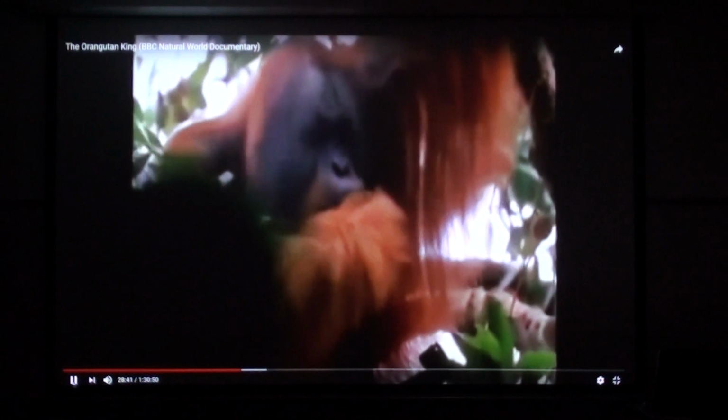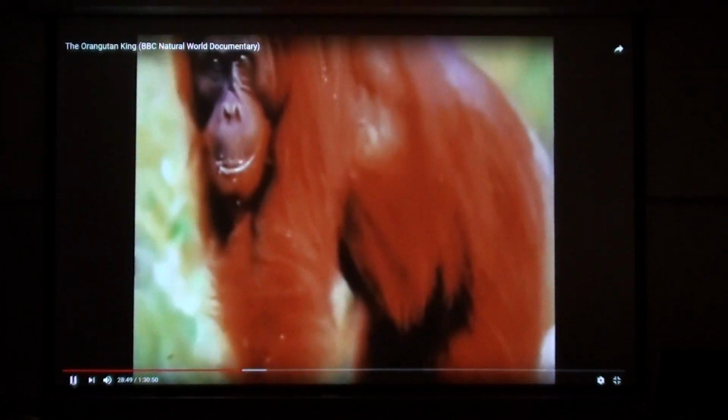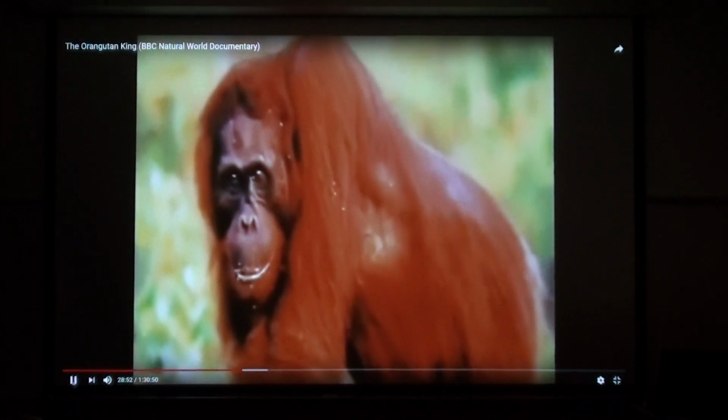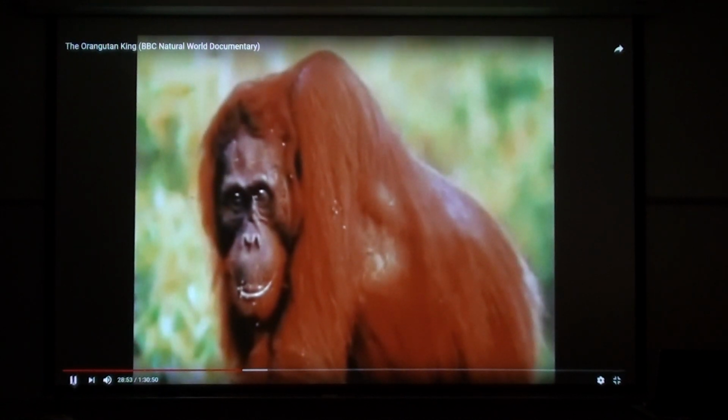But as Kusasi grew bigger and stronger, so his confidence grew too. In 1995, Kusasi was 19 years old and ready to enter the big time. When I left camp, Kusasi was still a sub-adult male. When I came back three months later, there was just this incredible transformation that had occurred.